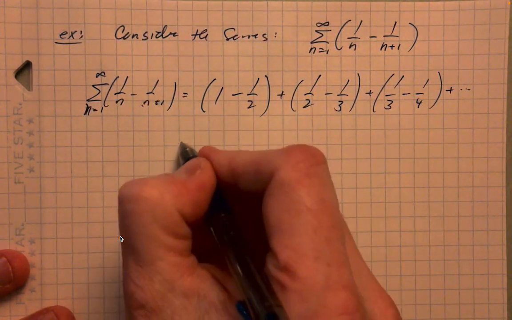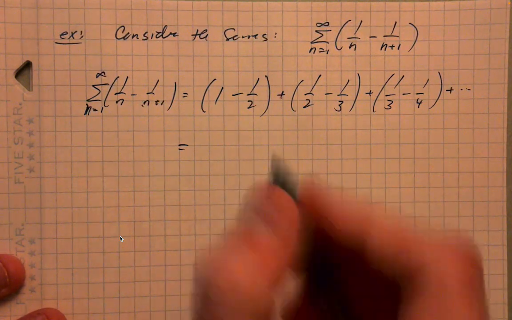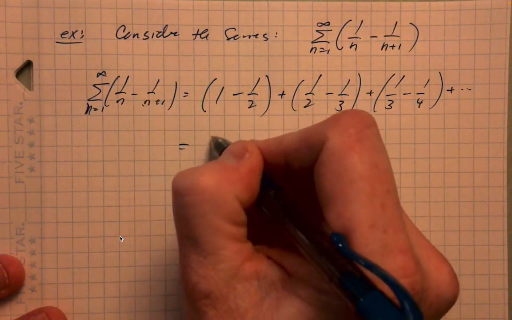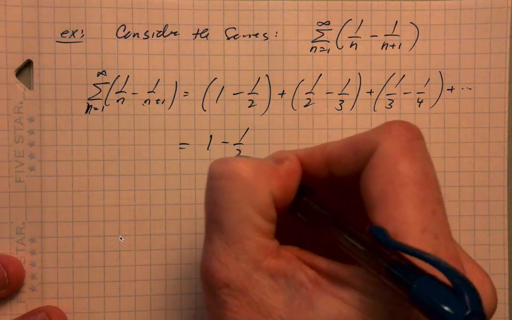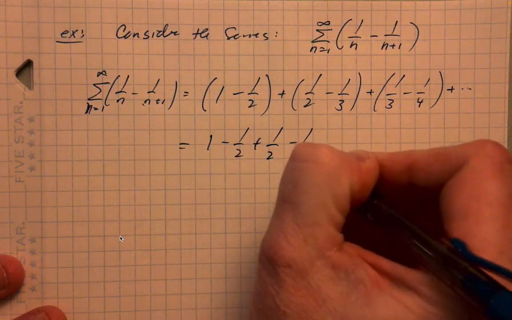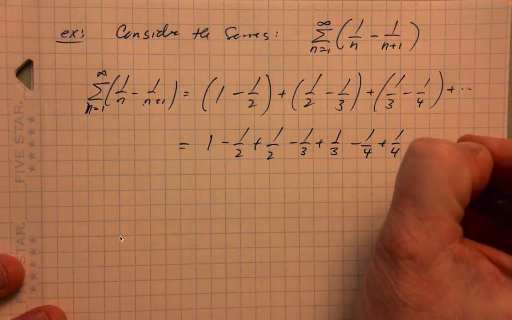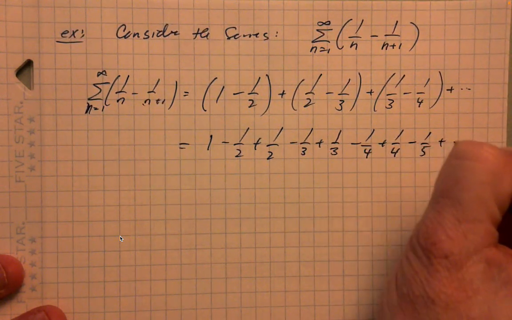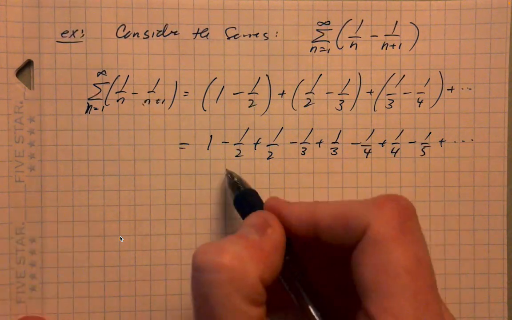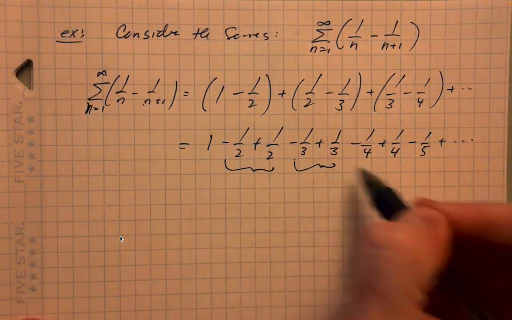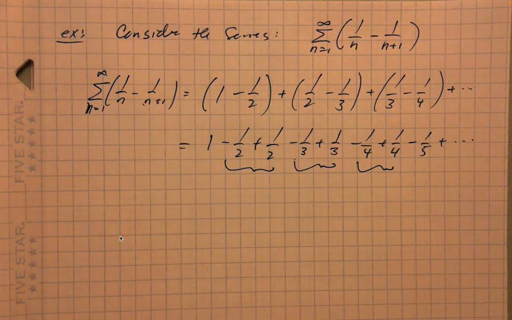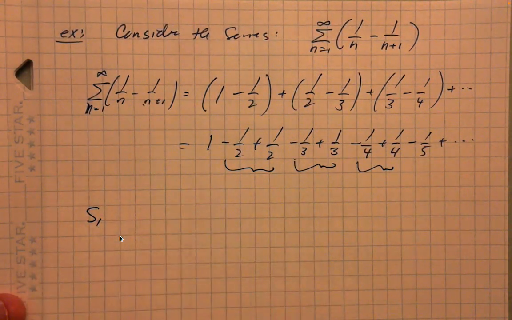And so we can rearrange this a little bit and get some sense for what's happening. Basically just drop the parentheses. So what if we look at it like this? 1 minus a half plus a half minus a third plus a third minus a fourth plus a fourth minus a fifth plus, and so on. Right, so you can see that there's a lot of cancellation happening here. Let's think about S1.